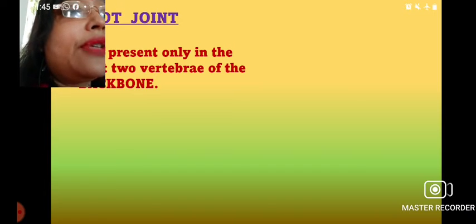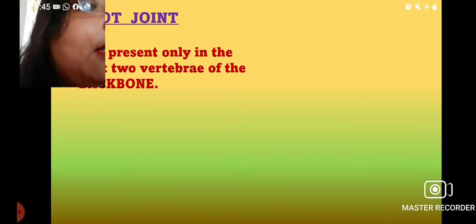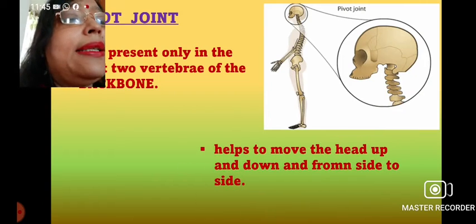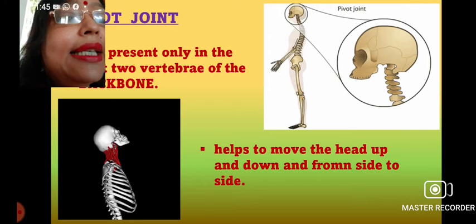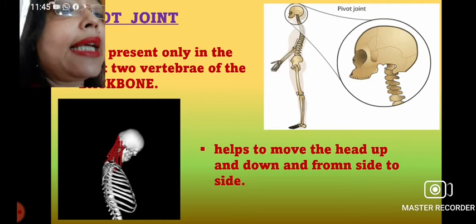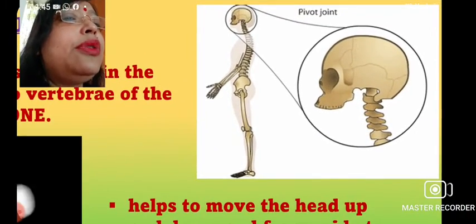Next, coming to the pivot joint. Pivot joint is only present in the first two vertebrae of the backbone, and it helps to move the head up and down and side to side. So this is the structure where bones can be moved up and down and also side to side, through the pivot joint.